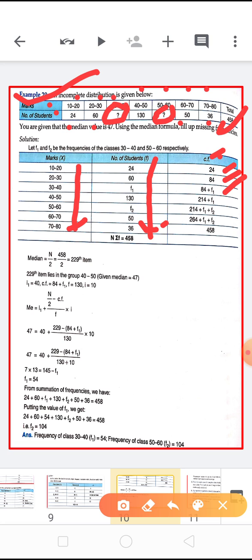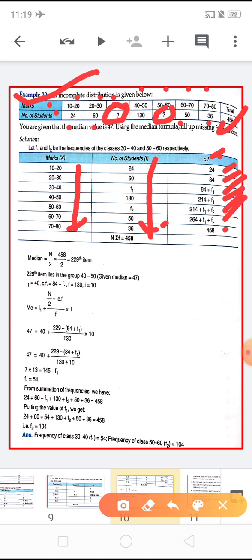Thereafter is 130, so 84 plus 130 is 214 plus F1. Then F2, so next is 214 plus F1 plus F2. Next is 50, that is 264 plus F1 plus F2. And at last we have 30. We are not calculating that, but the total summation is given as 458.